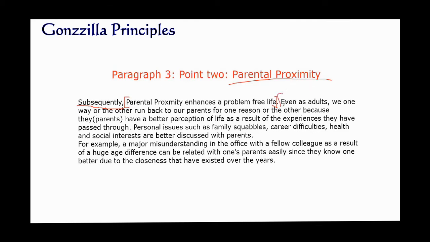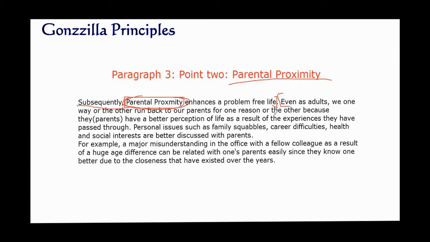So to start off my second sentence in my third paragraph, I have to hinge on something. What I hinged on was parental proximity. So in my second sentence, I hinged on the phrase parental proximity to create it.